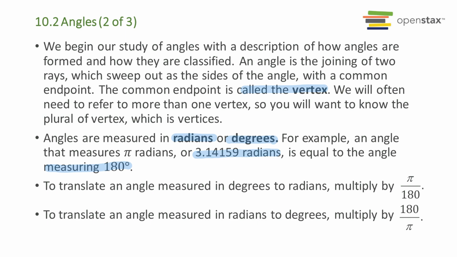To translate an angle measured in degrees to radians, we use the conversion factor pi divided by 180. To go from radians to degrees, we multiply by the flip of that, called the reciprocal, which is 180 divided by pi. That's how we can switch back and forth between radians and degrees when measuring angles.